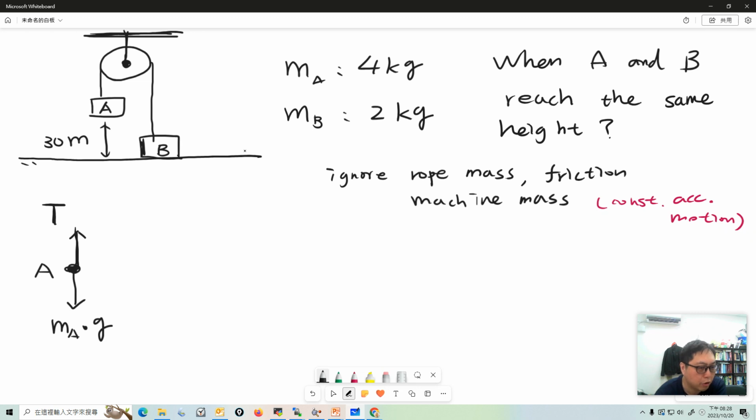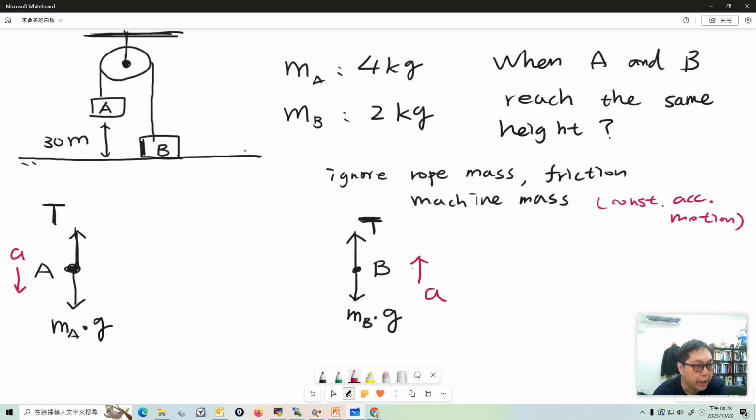As I said, it is moving downward, so its acceleration points down. We do a similar thing for B. B is also subject to its weight, m_B g, and to the tension. The only difference is that it's moving upward, so its acceleration is pointing up.